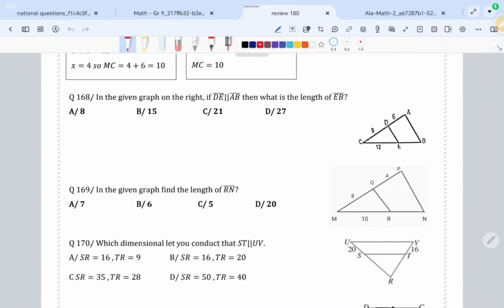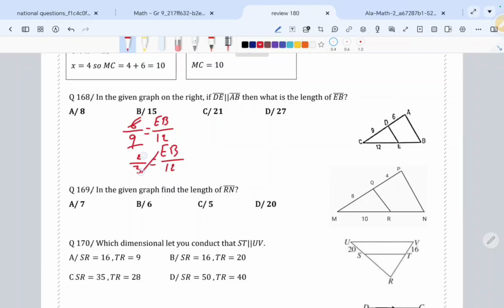In the given graph on the right, if DE is parallel to AB, then what's the length of EB? Okay, we will say 6 over 9 is equal to 12 over AB. Can I simplify? Yes, it will be 2 over 3, and 12 over AB.